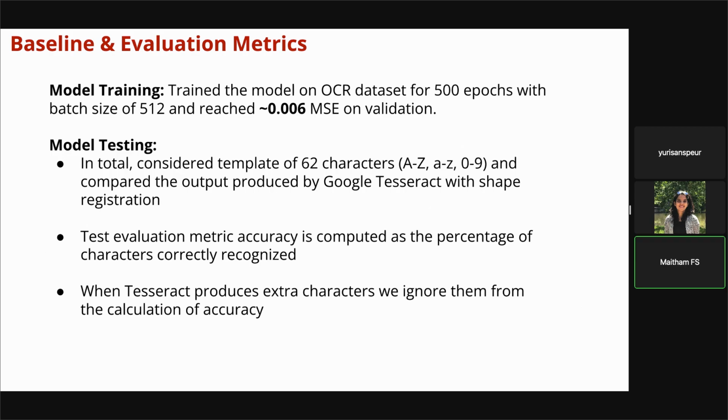On the testing side, in total, we considered templates of 62 characters and compared the output produced by Google Tesseract with shape registration. The test evaluation metric, accuracy, is computed as the percentage of characters correctly recognized, and when Tesseract produces any extra characters, we ignore them from the calculation of accuracy.